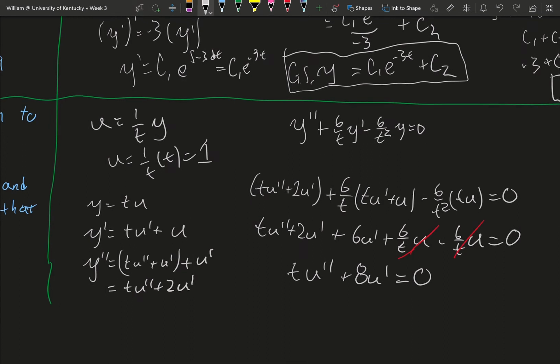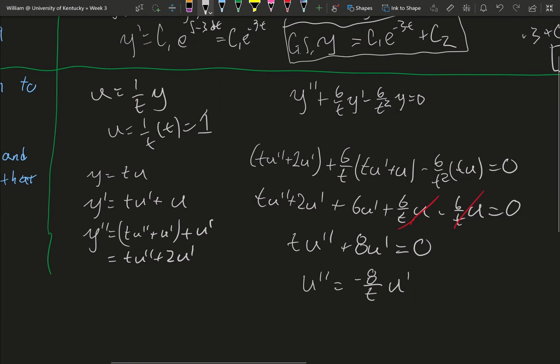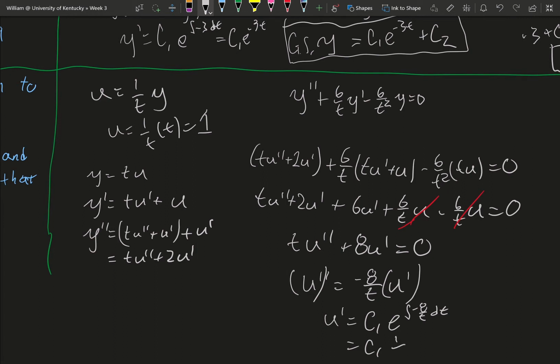Let's go ahead and solve this now for u. So u double prime equals negative 8 over t u prime. Again, just like above, treating this u prime as its own separate variable, we get u prime is c1 e to the integral of negative 8 over t dt, which simplifies to c1 times 1 over t to the 8th power.